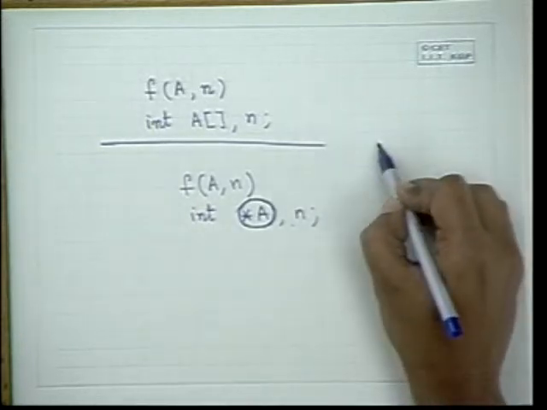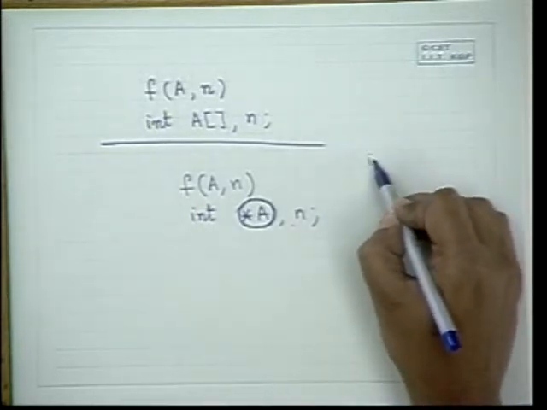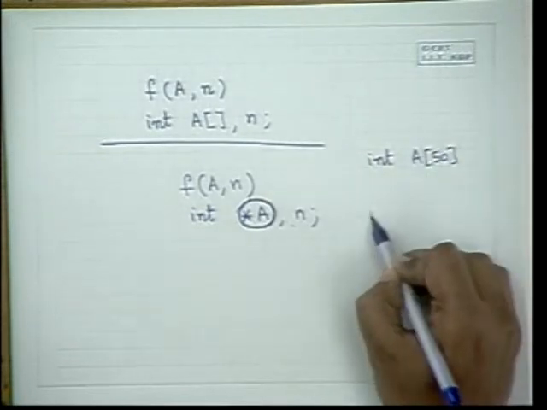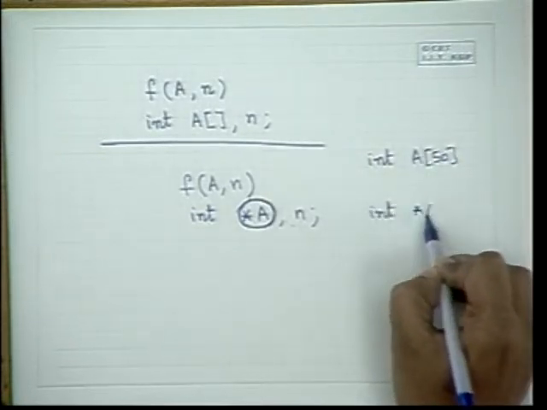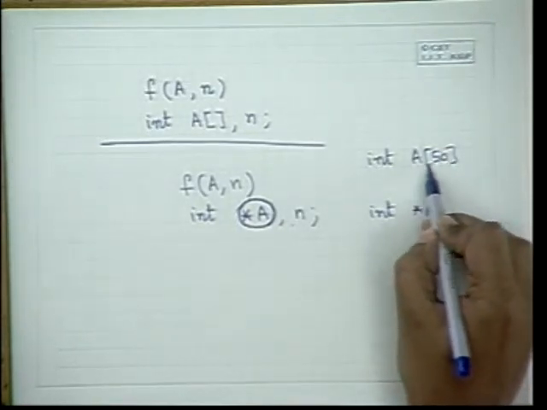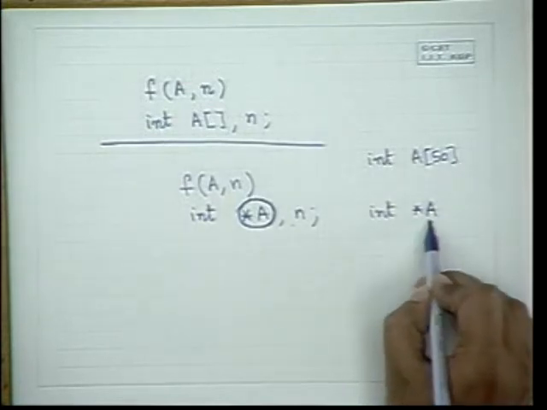This will come as it comes through parameter passing. But in the main program, if you want to declare an array, say int a[50], and instead of that you declare int *a, then it will not automatically work, because here you have allocated 50 elements. Here you have only allocated a pointer to the array.